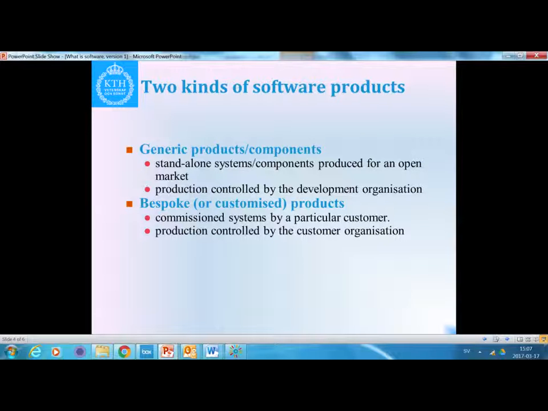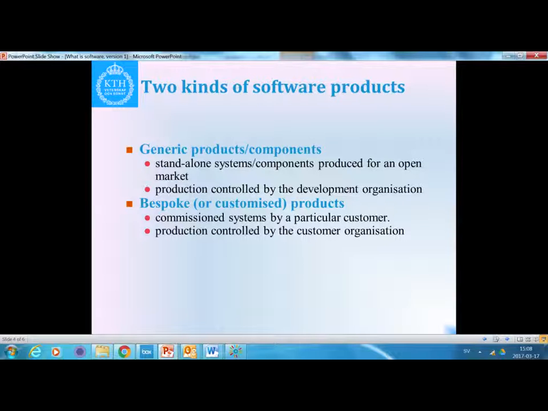They need to administrate their pupils, they need to administrate teachers, they need to administrate courses. So instead of creating a system for each individual school, we could create generic standard products and then make the schools use these products.